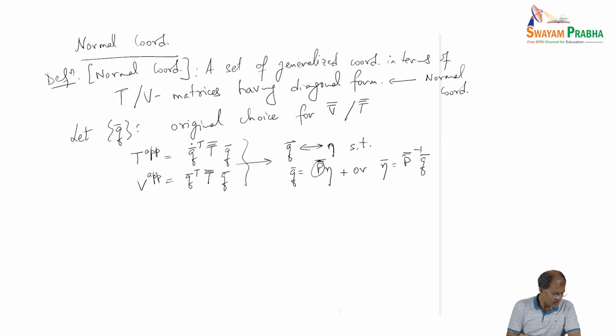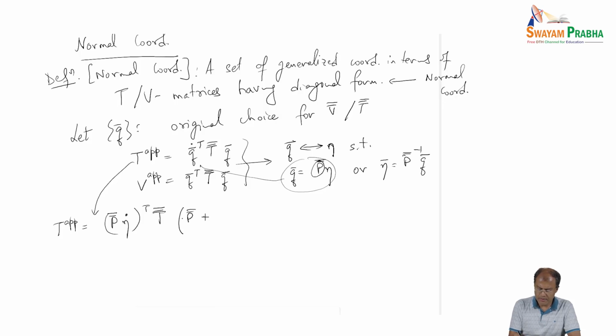Okay, so then I can write my T approximate as P eta dot transpose times T times P eta dot.